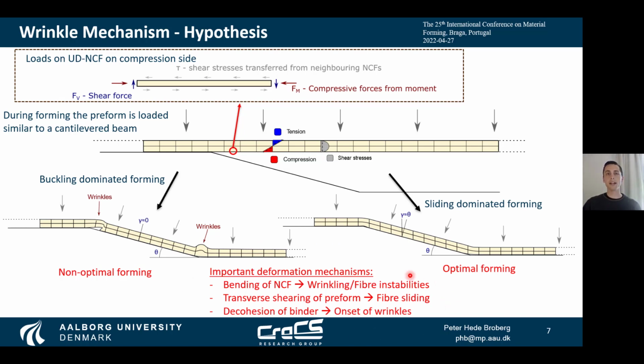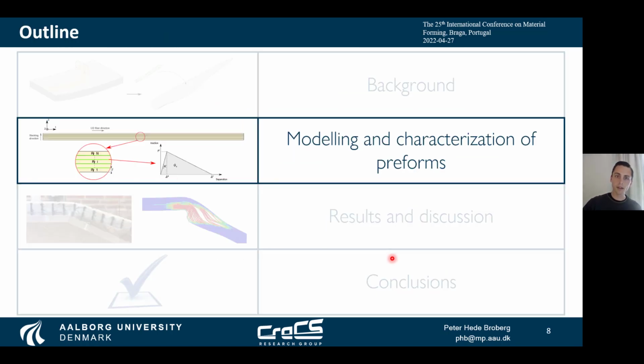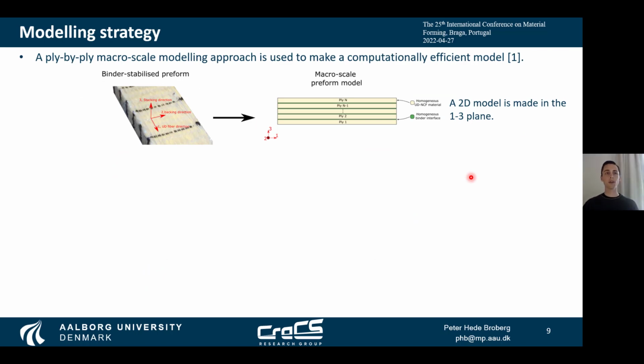So now we have defined these three important deformation mechanisms that we need to represent in our model. And now I'll go on to discuss how we have actually implemented it in our model. So the overall modeling strategy we have used for this preform is a ply-by-ply microscale modeling approach.